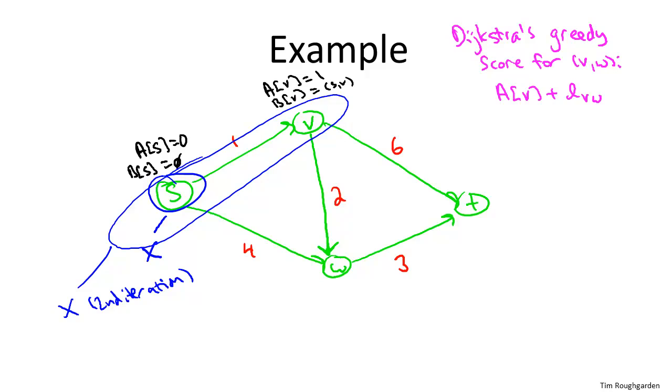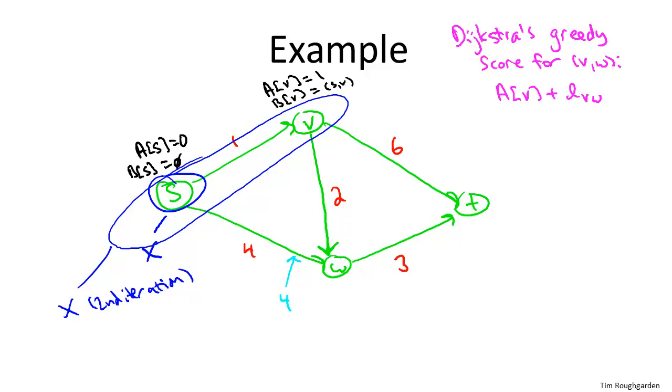First of all, we can look at the arc S,W. The greedy score here is the shortest path distance for the tail, so that's 0, plus the length of the arc, which is 4. So here we get a 4 in this iteration. Then for the crossbar edge, this VW edge, the Dijkstra greedy score is the shortest path distance value of the tail, which we computed last iteration.